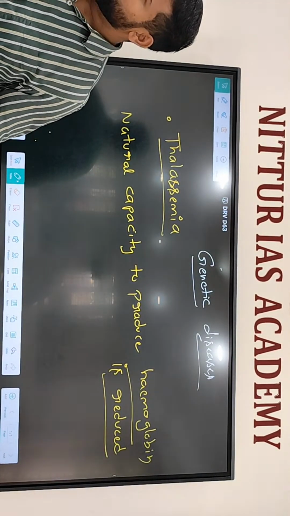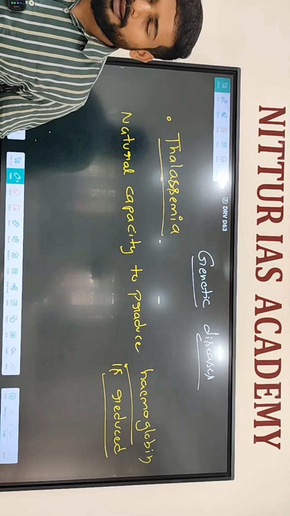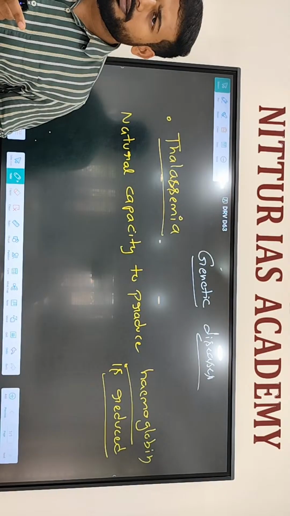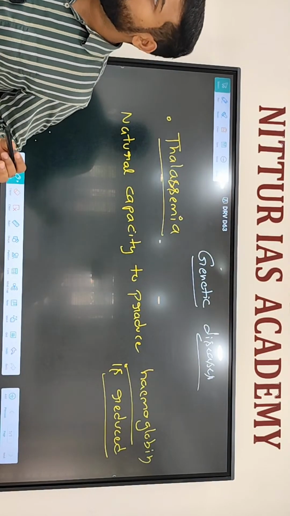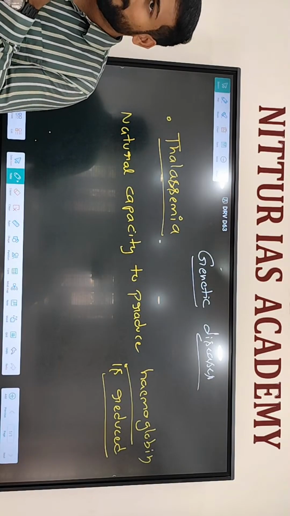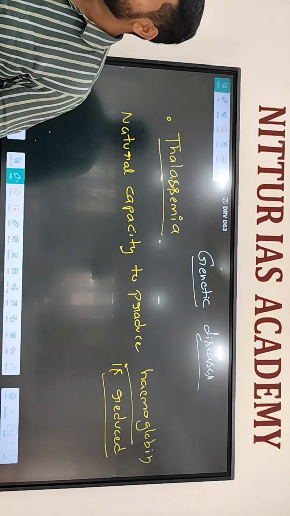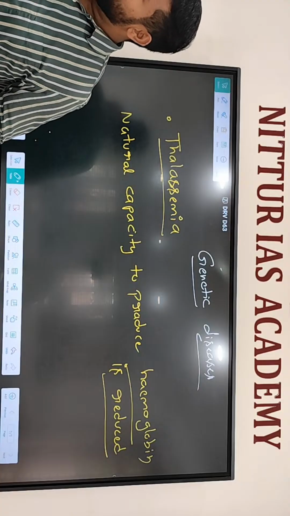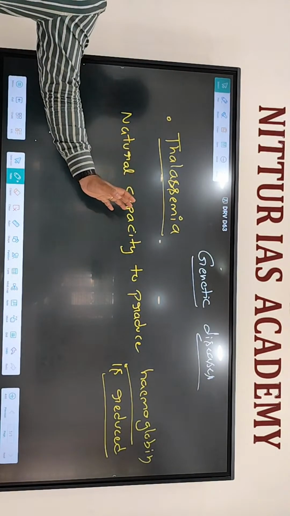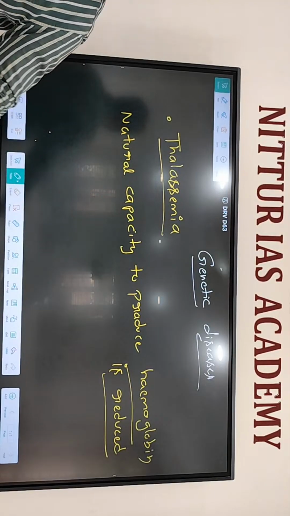Generally, women say, I have recently taken a blood test, and the doctor told me I have less blood. I don't have blood, see, by pinching, it's white. Less amount of blood is generally related to less hemoglobin.